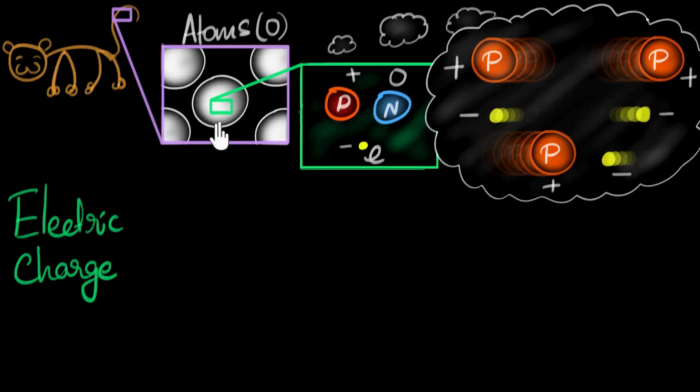And that's the reason why most of the stuff that you see around is electrically neutral, because they have an equal number of protons and electrons. And that's the reason we don't get to see this electric force in action at large distances or on large objects. That's mostly because things are normally neutral.